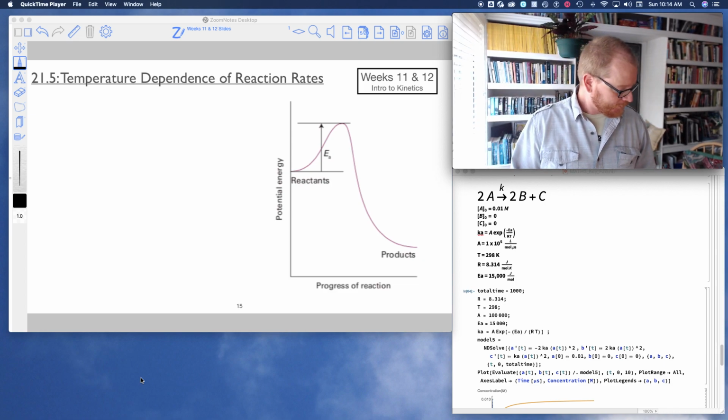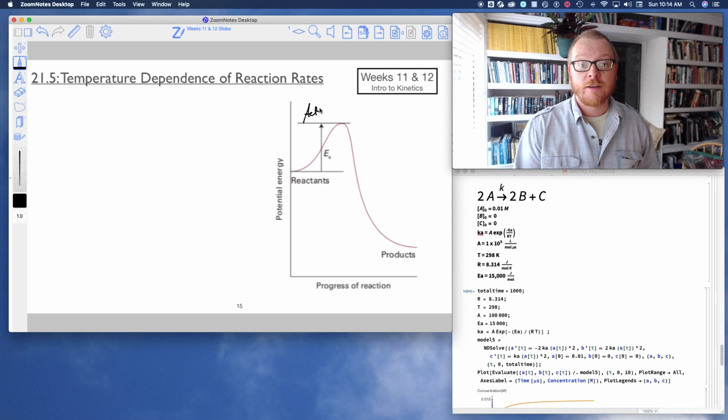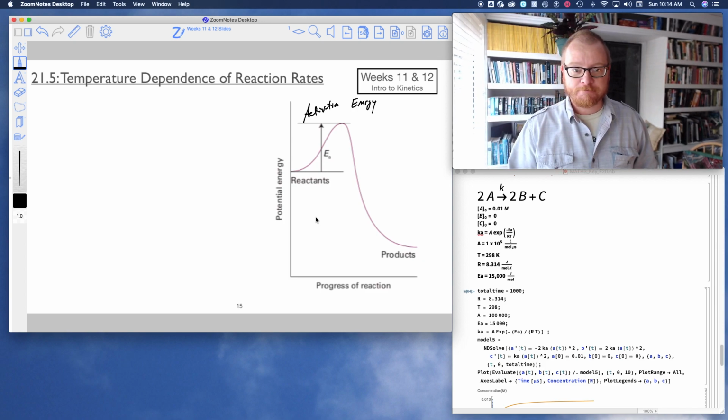Okay. So as it turns out, in the temperature dependence of reaction, there is what we call an activation energy. Okay?